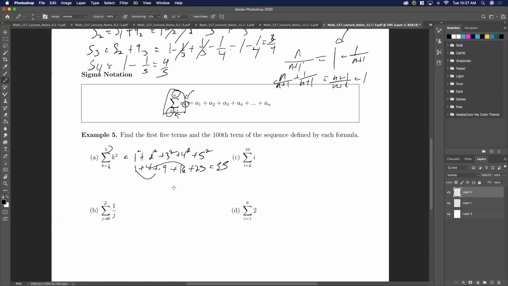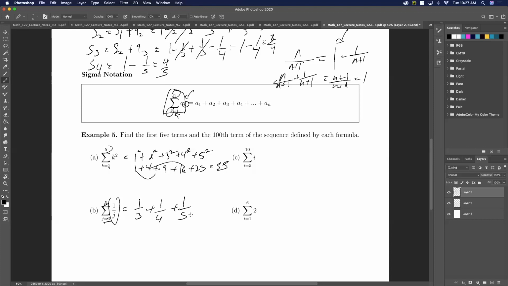Let's do B real quick. Here I'm going to start at 3 and go to 5. So I'll have 1 over 3 plus 1 over 4, because I'm using this as my function and my indexing here is j, plus 1 over 5. I've done my 3 terms. So a third plus a fourth plus a fifth.